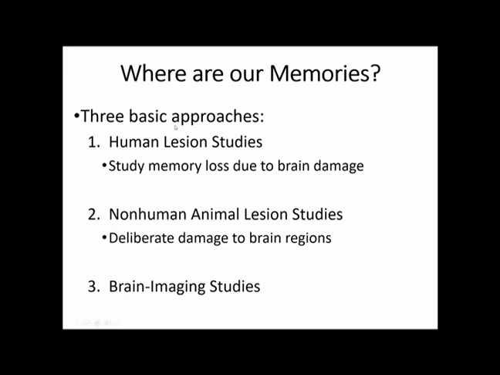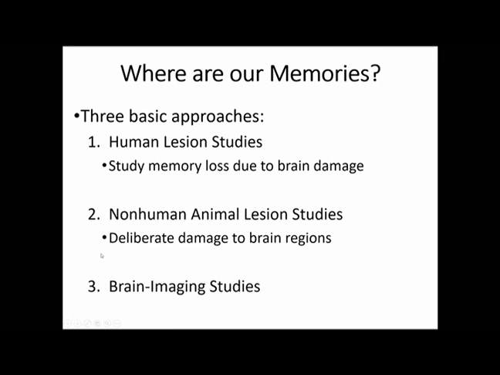So you can study memory loss in people like HM, who had a surgery that didn't necessarily do what they intended overall. You can also look at non-human animal studies. So you could actually cause deliberate damage to brain regions in other organisms and see how their ability to learn and remember information changes.